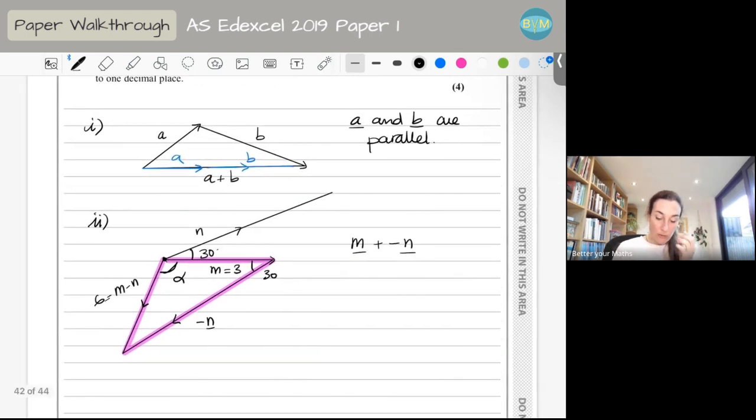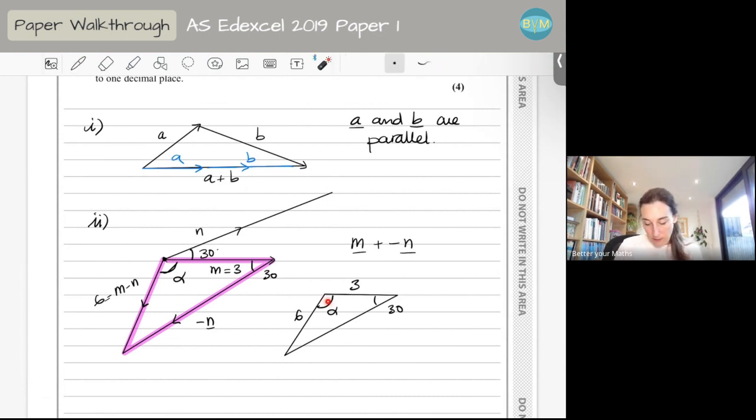I can use the sine rule. But if I use the sine rule, let me do the drawing apart. This is 3, 30, and this is 6, and this is alpha. If I use the sine rule, I will be able to find this angle here. If I find this angle, let's call it beta, for example, then using 180 minus the angles that I know, I will find this one.